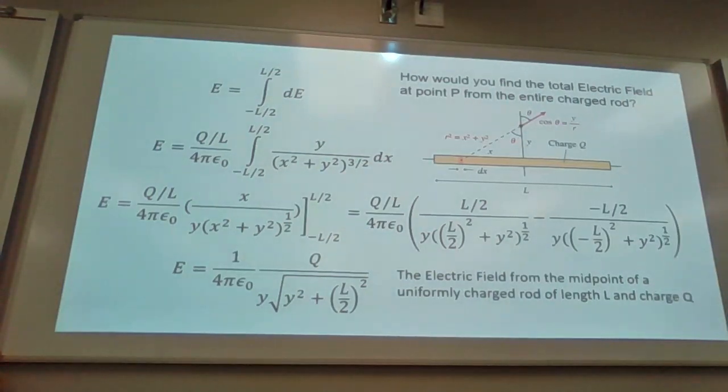Okay, and that's at the midpoint. This is specific for the midpoint of a uniform rod with length L. This equation.